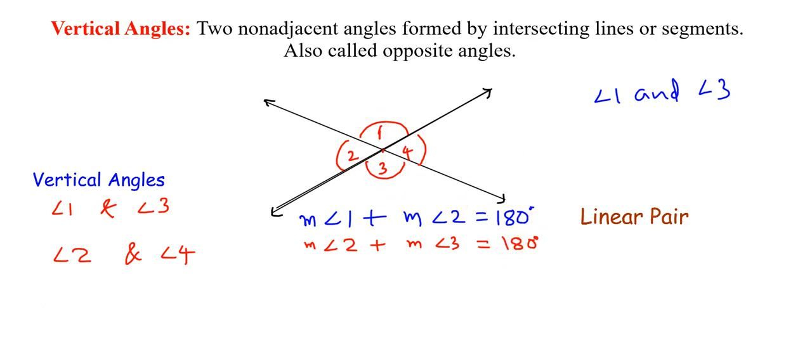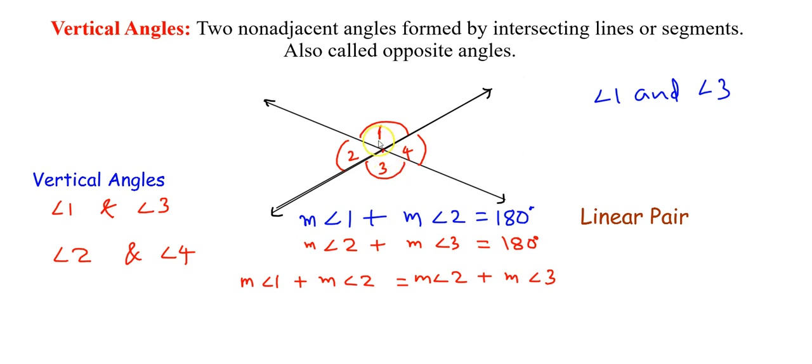Hence, because those two right hand sides are equal, I can write down that these two left hand sides are also equal. That is, the measure of angle 1 plus measure of angle 2 is the same as the measure of angle 2 plus the measure of angle 3.